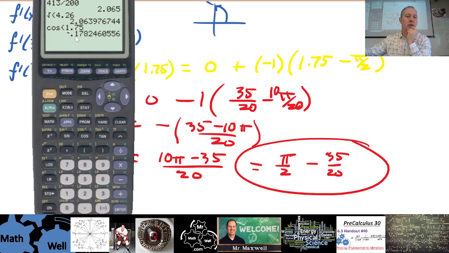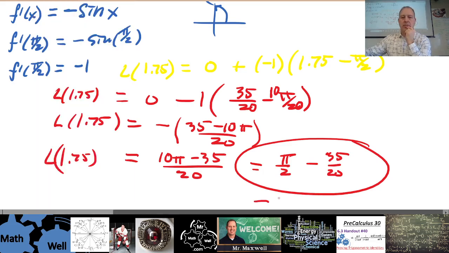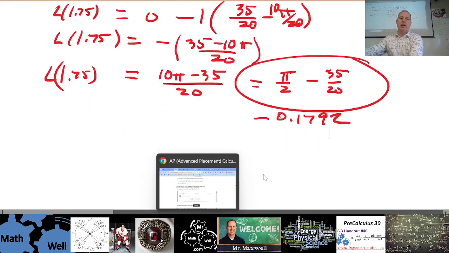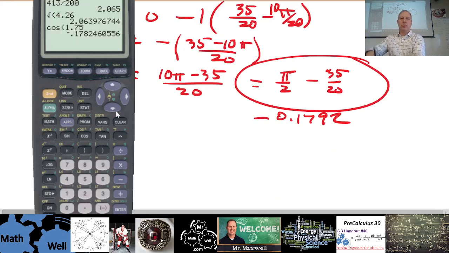Okay, so it's pretty close. Negative 0.1792, and that's pretty close to our actual calculation over there.